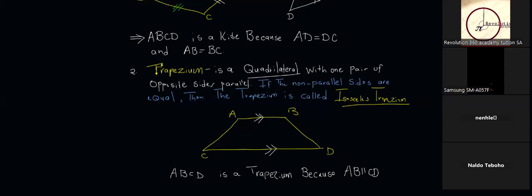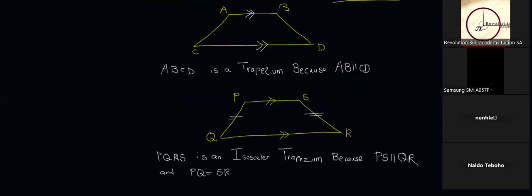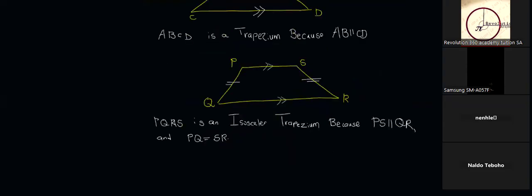But with regards to the second diagram, being represented by PQRS, I'm going to say PQRS is an isosceles trapezium. So you highlight this or you underline it. Why do we say it's an isosceles trapezium? Because PS is parallel to QR and PQ is equal to SR. So those are some of the basics that you need to understand.